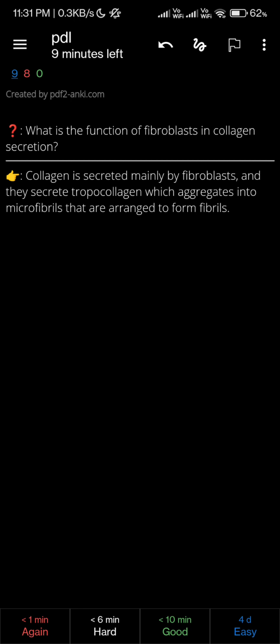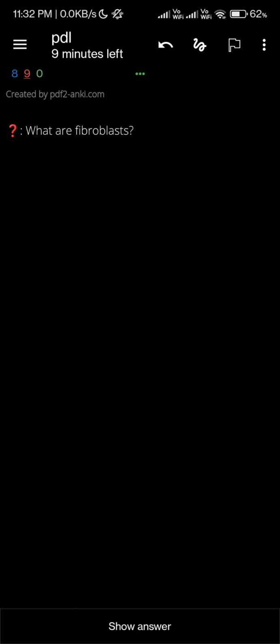Tropocollagen aggregates into microfibrils that are arranged to form fibrils. Okay. So what are fibroblasts?